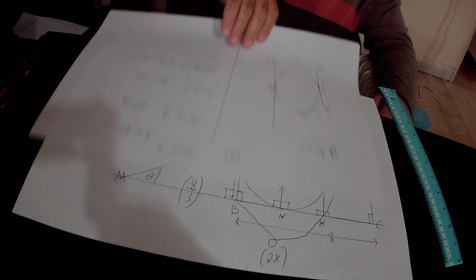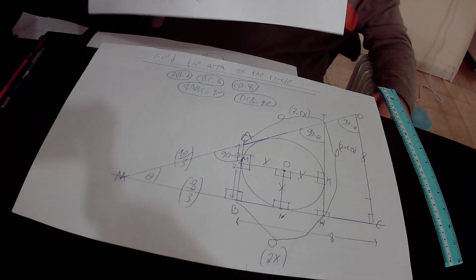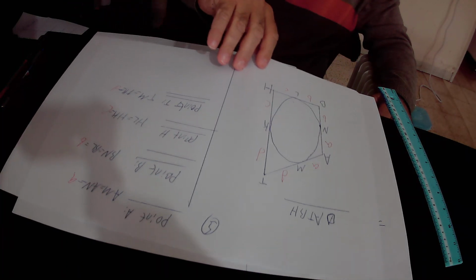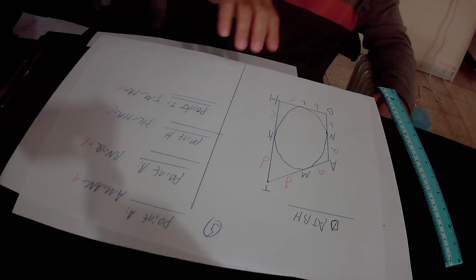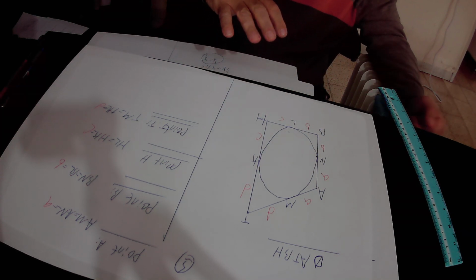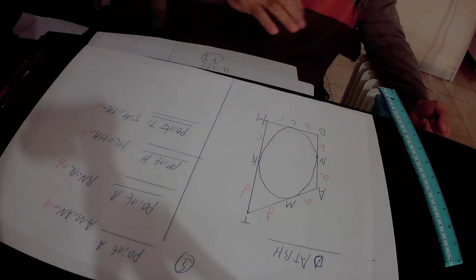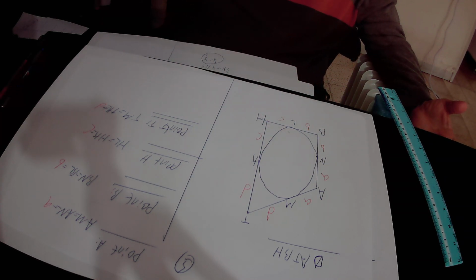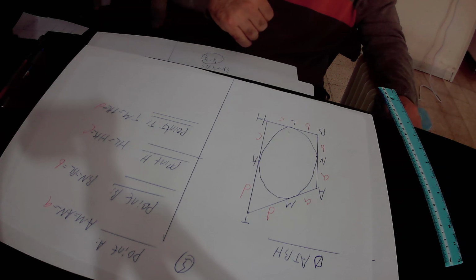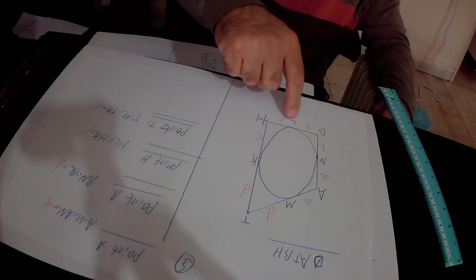This quadrangle bounds a circle, so I copied the circle in the new drawing. The circle and the quadrangle touch each other at 4 points: 1, 2, 3, 4. Actually, there are 4 points of tangency between them: points M, K, L, and N.